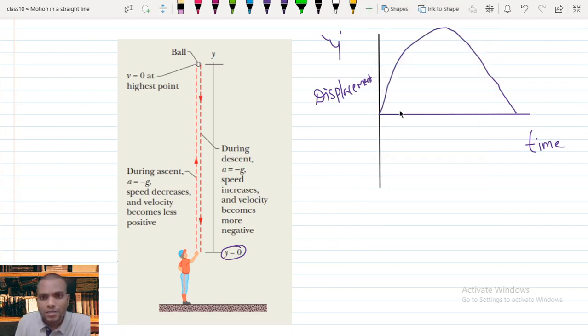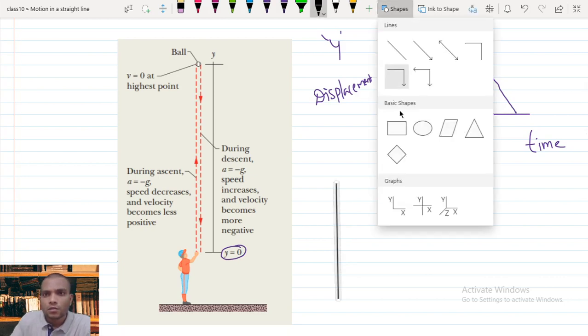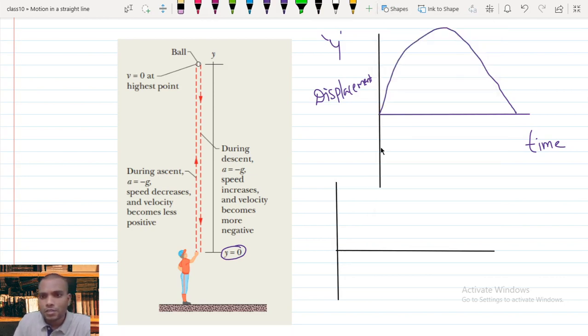Suppose we want to represent the velocity versus time graph for this case. The velocity versus time graph is somewhat different. Take velocity and time. In my hand, initially I am applying a force, so the object is moving with that velocity.